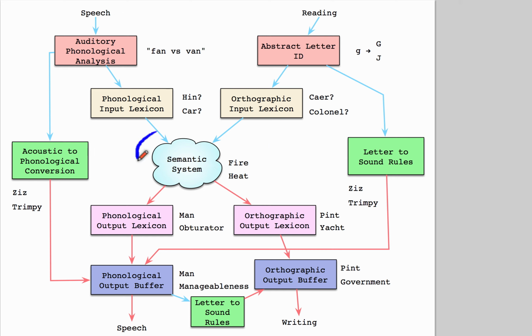The other thing to notice is that the semantic system is at the center, and that both the inputs and the outputs rely on the same semantic system. Now, with just making that statement, right? So models of language that propose that there is one semantic system, shared between inputs and outputs, and let's say even shared across different modalities of information processing.